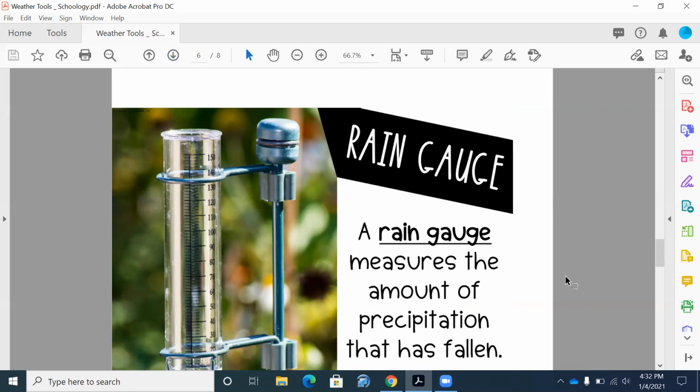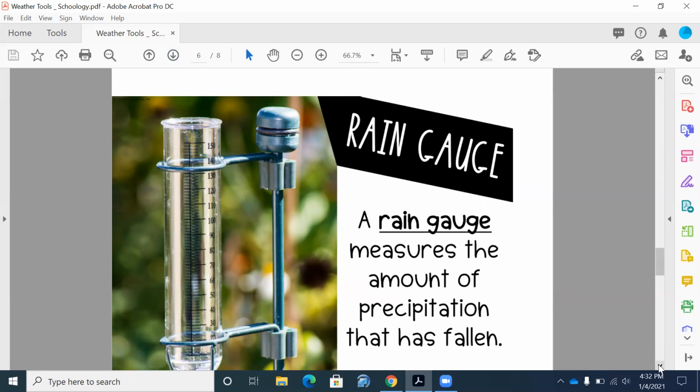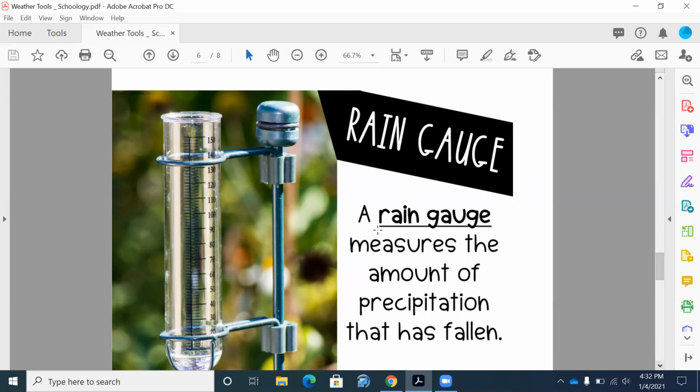A rain gauge. All right. A rain gauge measures the amount of precipitation that has fallen. As you can see, the top part is open, and this holds the tube and measures how much rain has actually happened. According to this picture, if we look way down here, it did not rain pretty much at all.